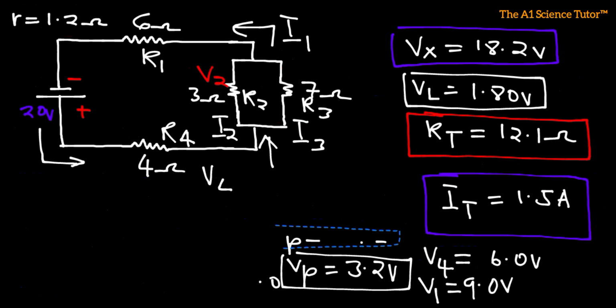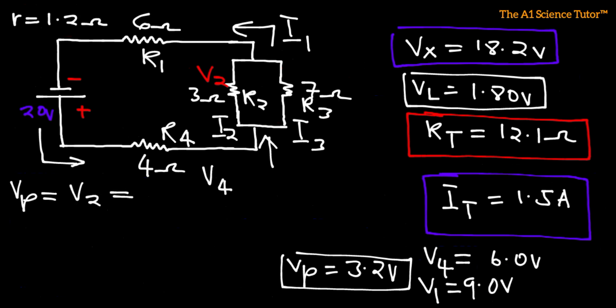So let me wipe this out. So we know that for parallel connections, the voltages are going to be the same, right? So VP is the same as V2, and is the same as V3 if you wanted to find it. Let us start with this first one.